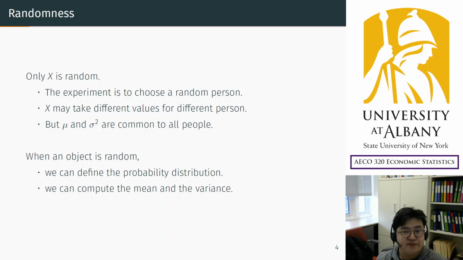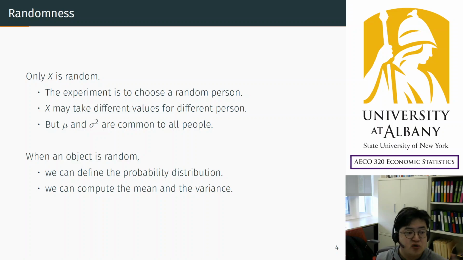It will get confusing. And also, what is obvious is, when you repeat the experiment and you have different values, then the outcome is random. And when something is random, you can define the probability distribution, right? If you repeat the experiment a sufficiently large number of times, then you can make a histogram, and that will be the distribution.